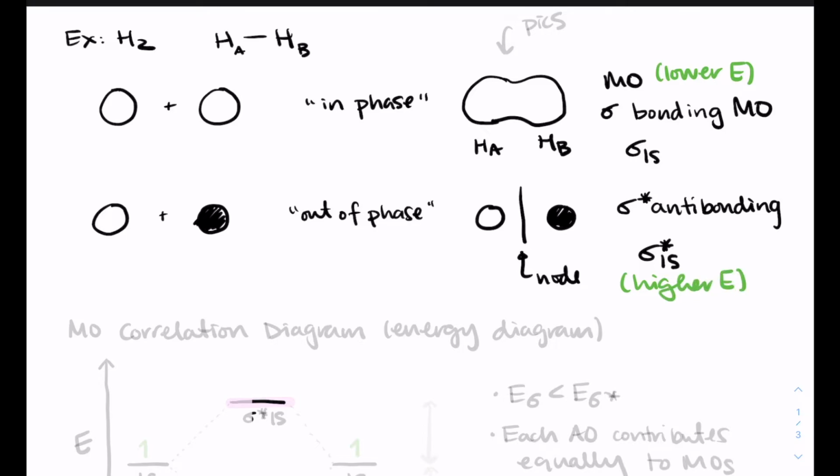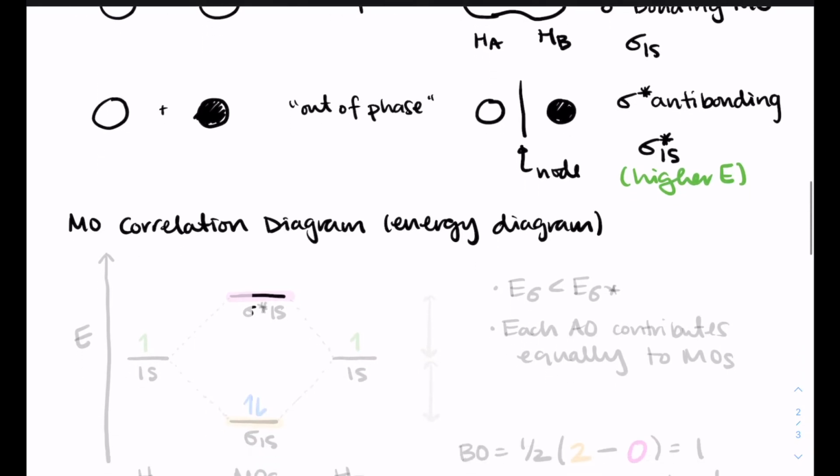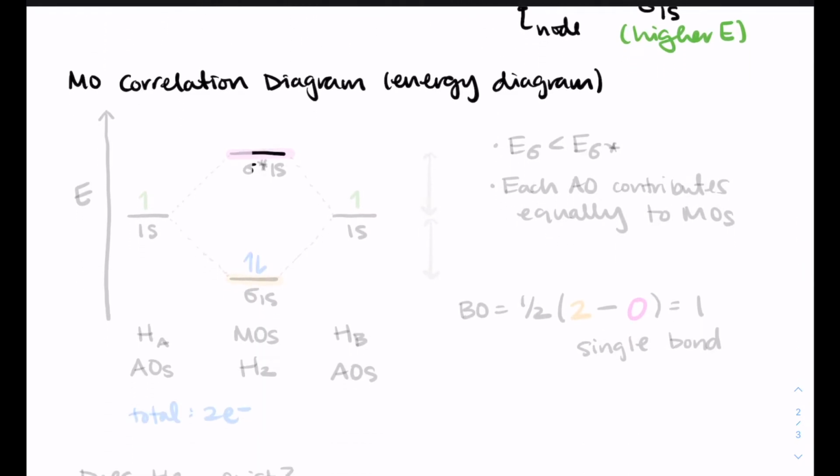What this looks like when I fully, officially put it together into an MO correlation diagram, which is an energy diagram, is something like this. So when I ask you for an MO correlation diagram, this is what I'm asking for. I'm asking for the energy scale and then these 3 columns of information that make up the entire diagram.